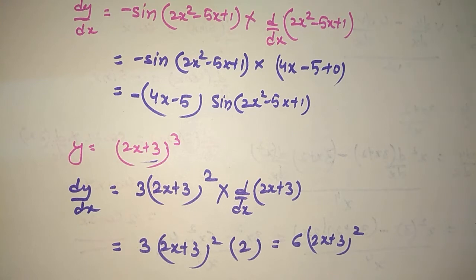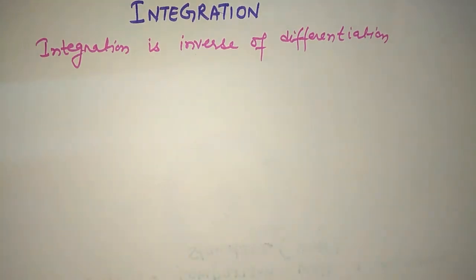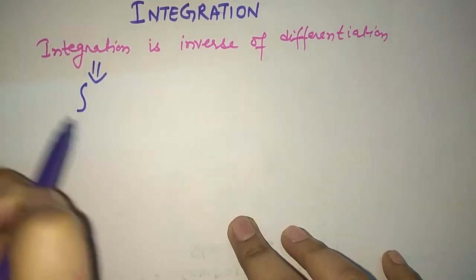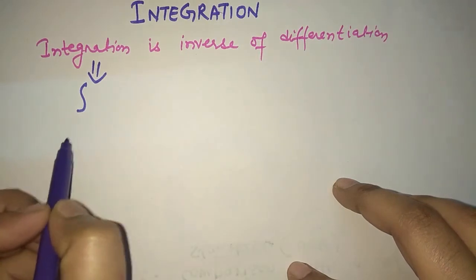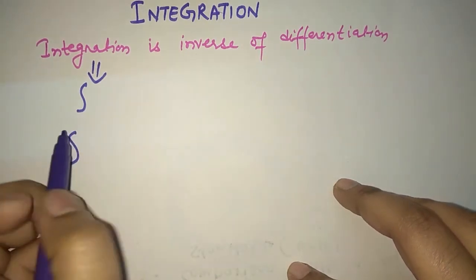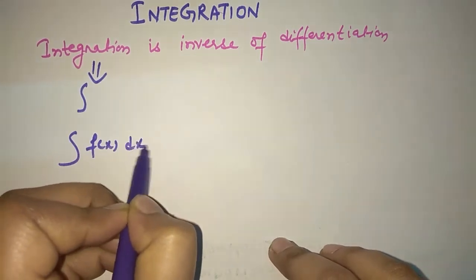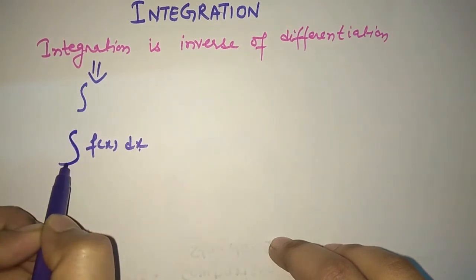Now these are the basics of differentiation. Now we will proceed to the integration part. Integration is just the inverse of differentiation. The symbol for integration is this one. And if suppose I want to find the integration of f(x) with respect to x, then this is the symbol of integration.